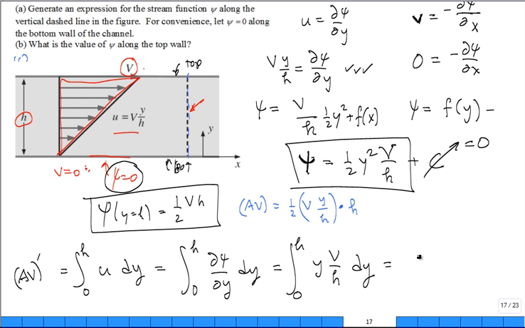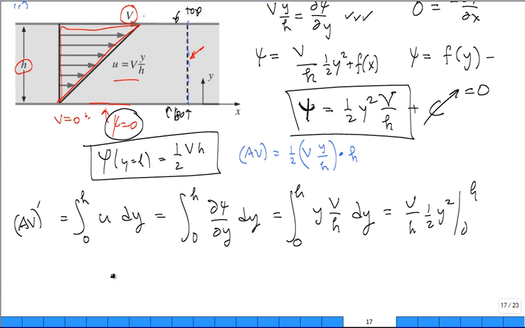Feels like we're going in circles. A little bit we are, but let's continue on. We'll have V over h times 1/2 y squared from 0 to h. That's equal to 1/2 V over h squared, 1/2 V h.